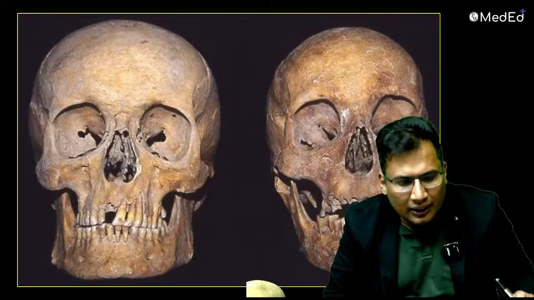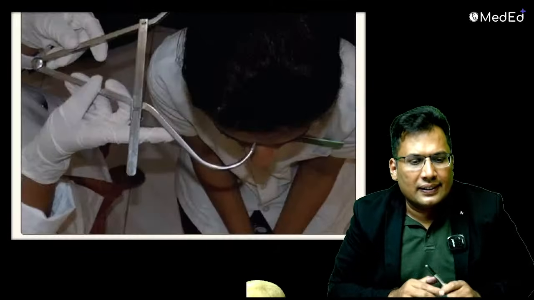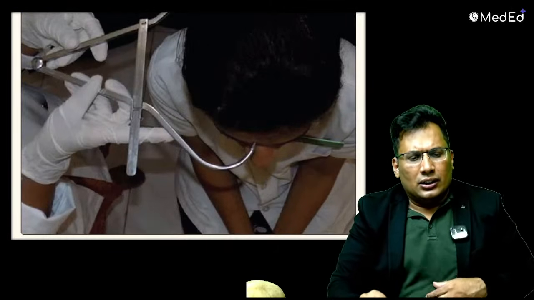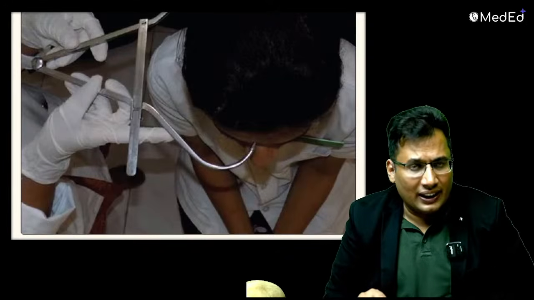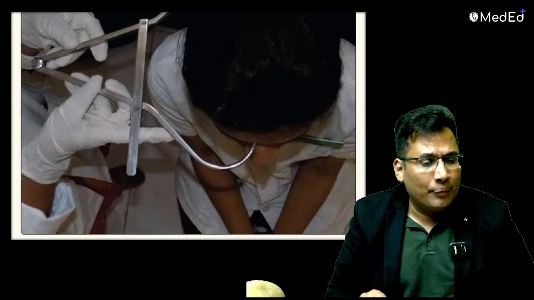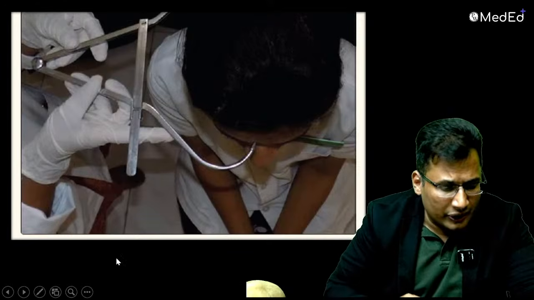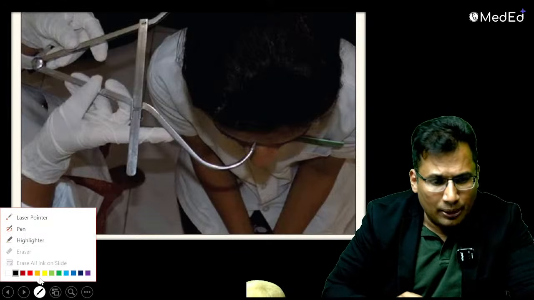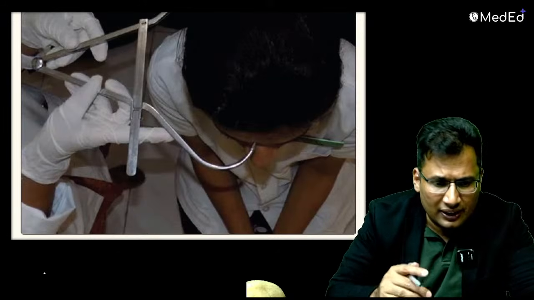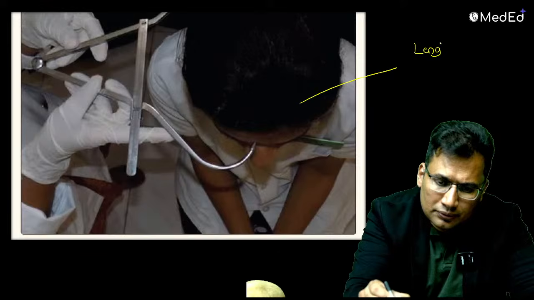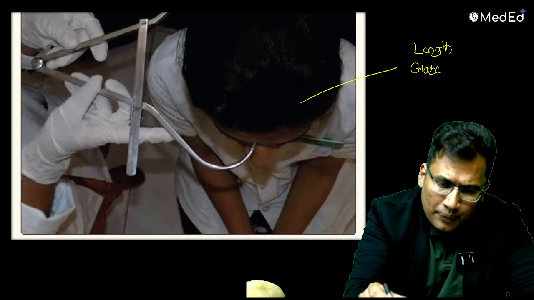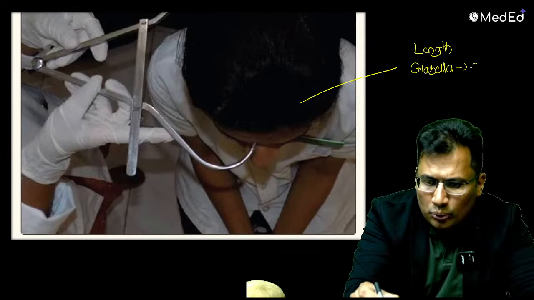So keep answering. Now look at this. Can anyone identify what is this instrument? You must have seen this instrument in the forensic lab. So this is how we measure the maximum length of the skull. Here is the maximum length, that is between the glabella to occiput.